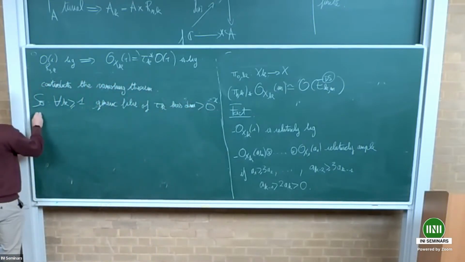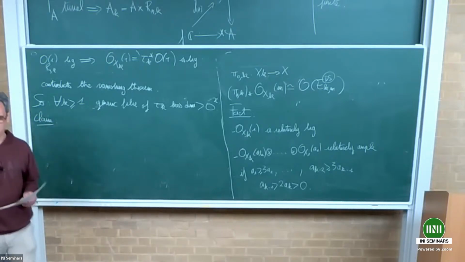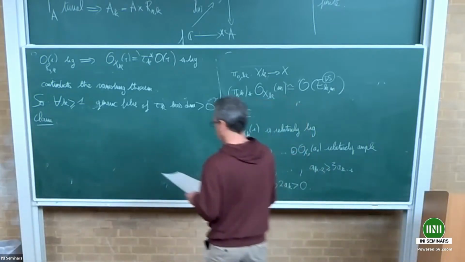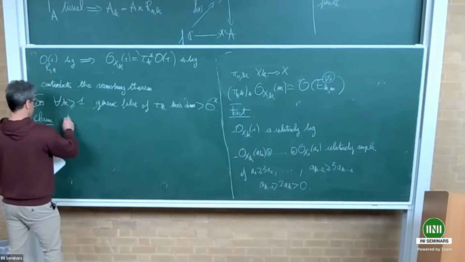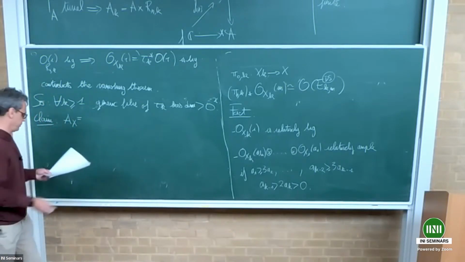Okay, and now the claim is the following: from this fact, I will be able to construct a subtorus which will leave X invariant.